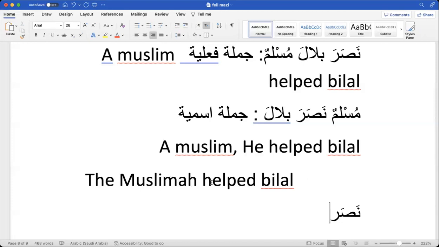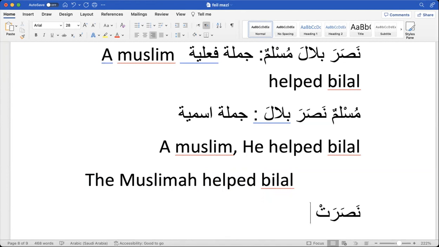First of all, this is a Jumla Failiya where the outside doer is the Muslima. As the outside doer is the Muslima, I have to use the Huwa or Hiya version of fail Mazi here. But I cannot use the Huwa version because Muslima is feminine. The fail's gender should match with the fail. So I will use the Hiya version. So Nasarat.